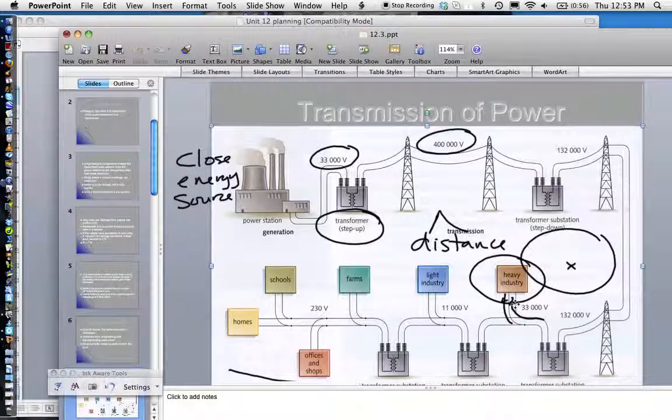In this case, they've used an example of 33,000 volts. Then as you get in even closer to the city, you've got your light industry, your small factories and so forth. There would be a further step down transformer to 11,000 volts in this case.